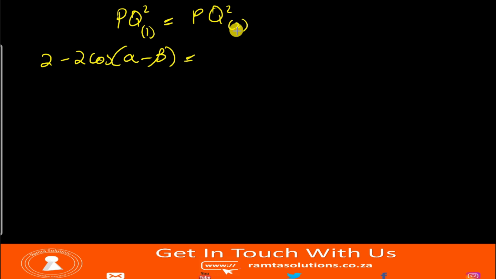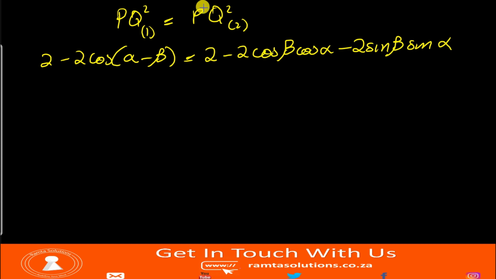Now, what is that of equation 2? It was 2 minus 2 cos beta cos alpha minus 2 sine beta sine alpha. Can you see that? Perfect.